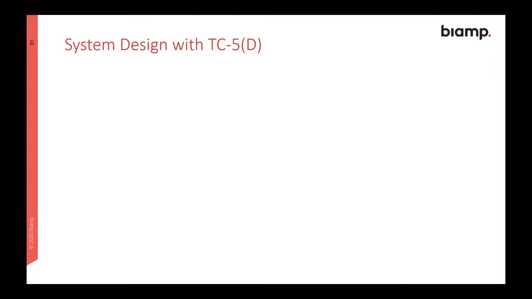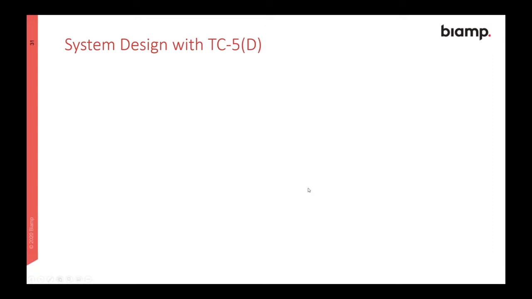AVB is more efficient when you consider Biamp products. It is a native protocol, and it's less expensive as well. Dante is licensed, of course, so whether it's Biamp or third-party devices, your cost will go up slightly as the number of Dante channels increases.